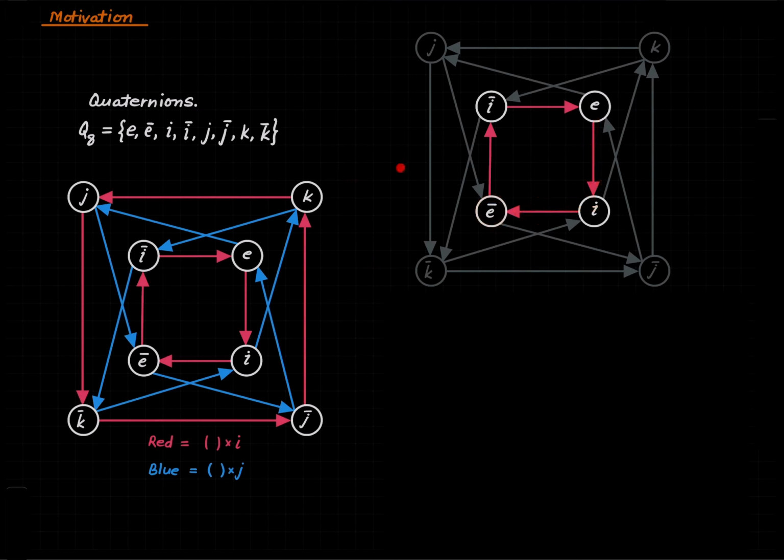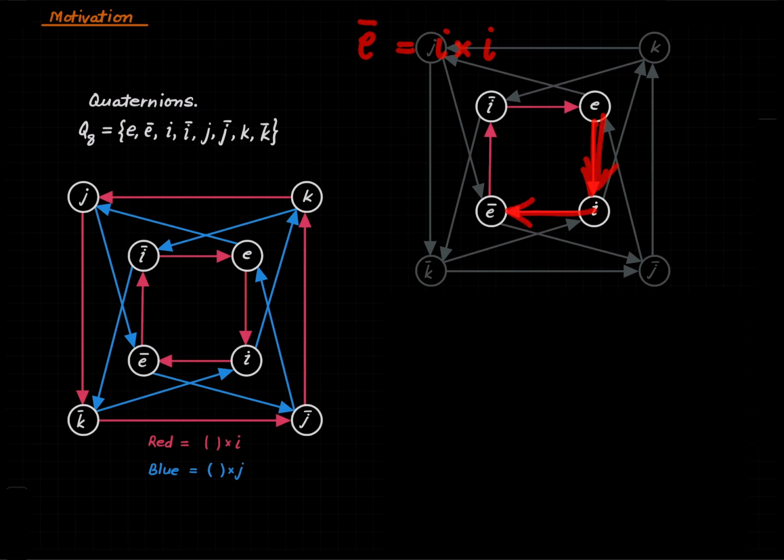Suppose you wanted to multiply anything by e bar on the right. I'm claiming that is the same as following the red arrow twice wherever you start. So suppose I wanted to multiply this by this element on the right, I would follow the arrow 2 times and I would land here. And why is that true? Well, what is e bar? e bar is i times i, because you apply i and then you apply i.